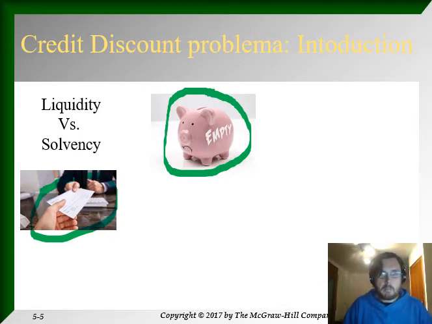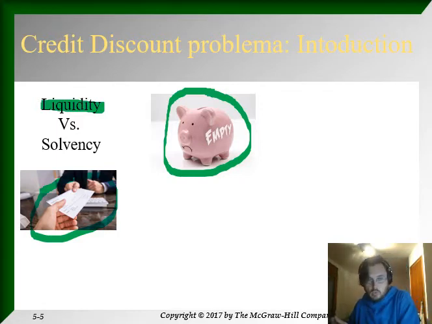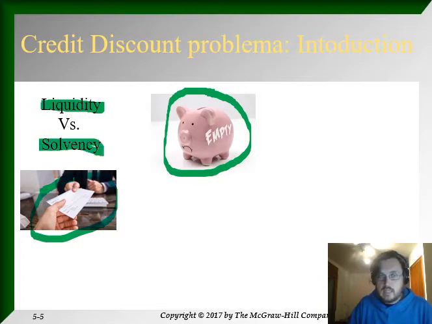Liquidity means cash, means that you have cash in your pocket. Solvency, however, is that your credit, what people owe you, is worth more than what you owe. The total amount of your assets, what people owe you, is more than what you owe to people. That's a problem sometimes, that you can be solvent, but you have no liquidity.